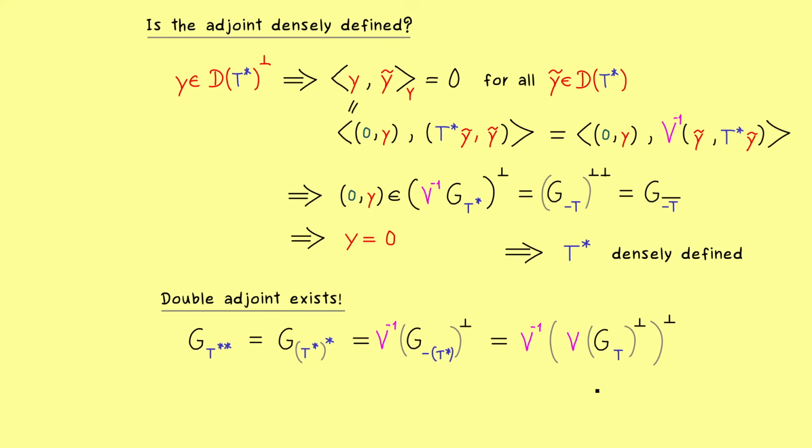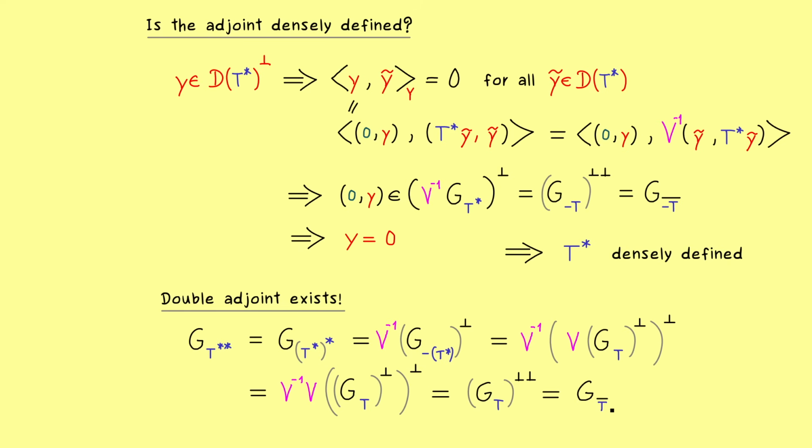And now at this point you should note that flipping the coordinates before or after the orthogonal complement does not change the result. It's really easy to show, and as you already know, V does not change any information at all. So flipping 2 times will cancel here, and what remains is the double orthogonal complement. And by assumption we already know this is the closure of the graph, which is the graph of the closure of t.